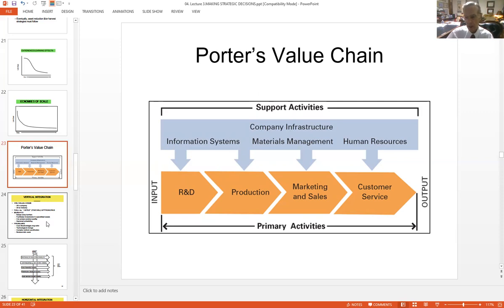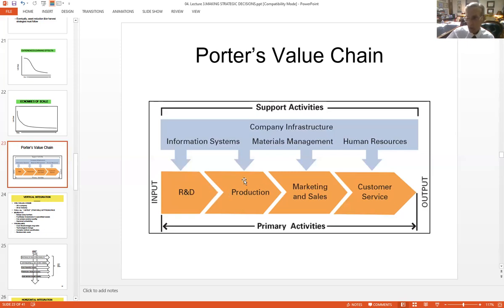And in the case of electronic products, companies that make cell phones, they discovered that it's the research and development where the value is really added, not the manufacturing. And so cell phone companies, when they read Porter's article and thought about it, outsourced the production of their products to other companies because no value was added.